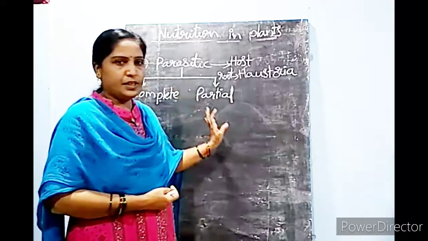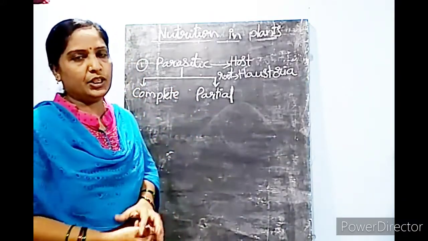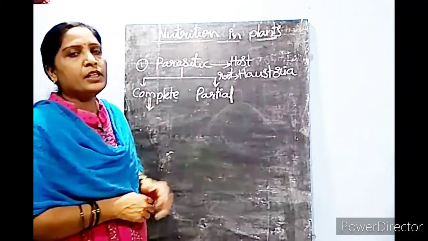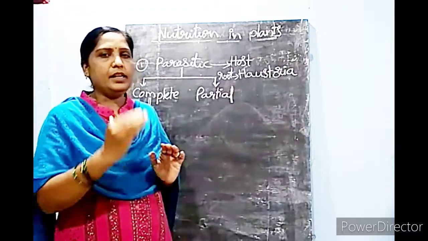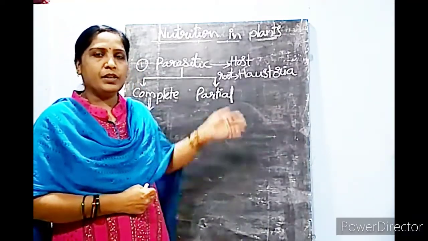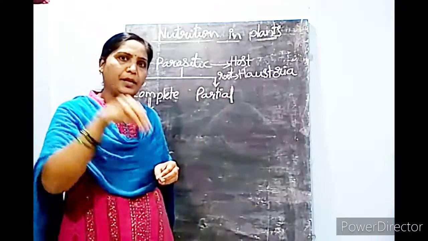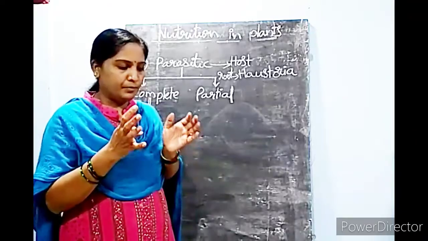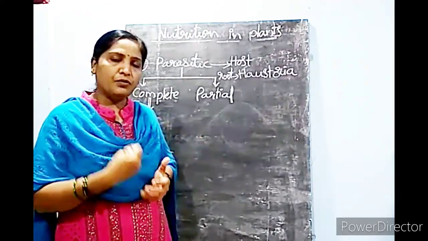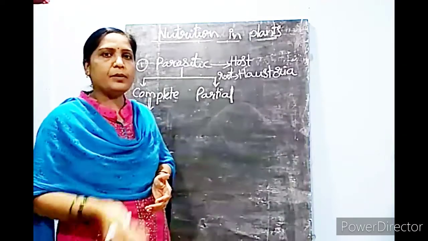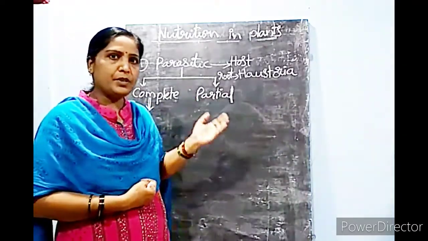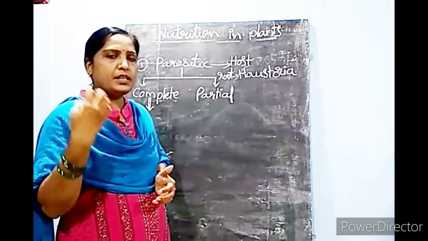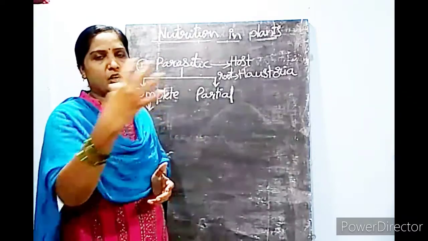And what's the difference between a complete parasite and a partial parasite? We'll see now. A complete parasite means these plants completely depend on the host plant. With the help of haustoria, they penetrate into the host plant and take already manufactured food, either from the xylem or the phloem. From the xylem, you know, in the last class you learned that these are the tube-like structures which take water and minerals from roots to all other parts of the plant.